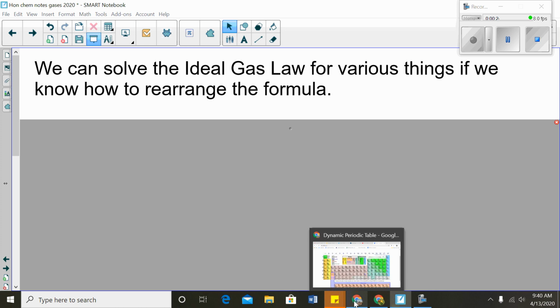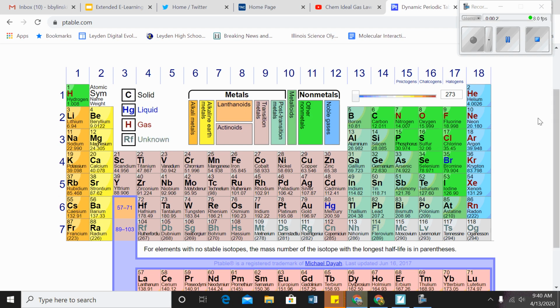And just a little refresher, molar mass was learned when we were studying the periodic table and the parts of the atom. So if you take a look at oxygen over here, this 15.999, that is the mass number for oxygen, which is also referencing the number of grams of oxygen in 1 mole of it.